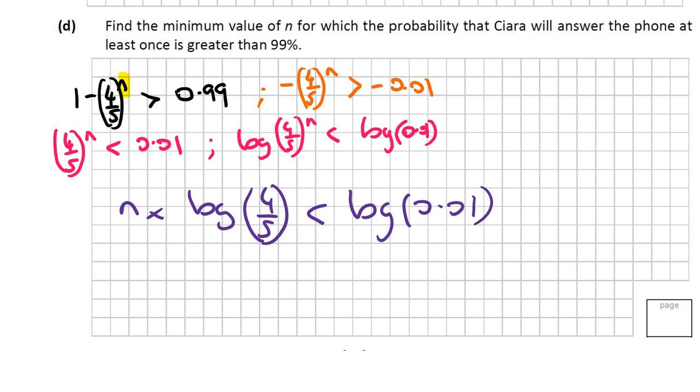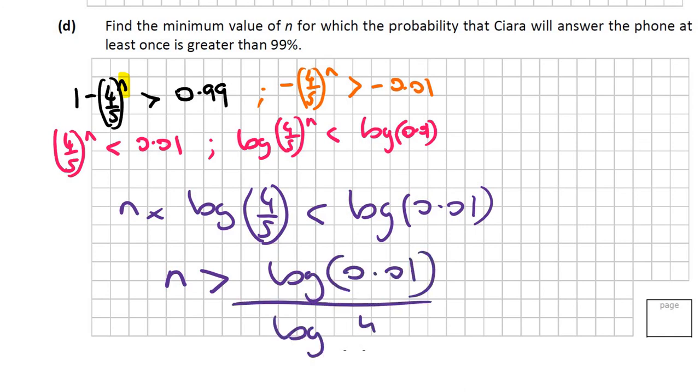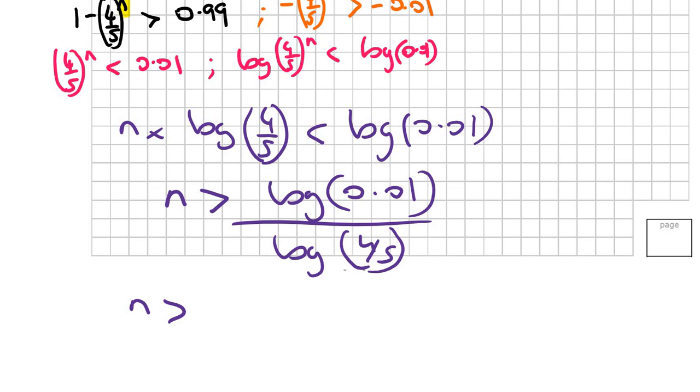So when I'm dividing both sides by the log of 4/5, as it's a negative number, the inequality sign will change. So it's n greater than log 0.01 over log 4/5, which gives me a value of n being 20.6377. So n has to be greater than that. The minimum value of n then is 21.